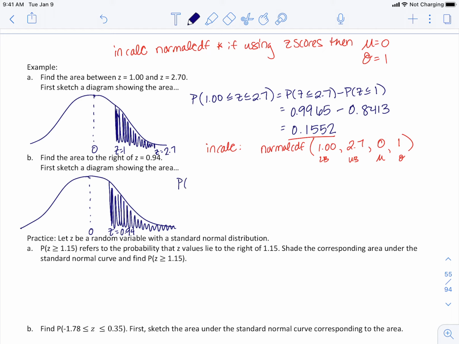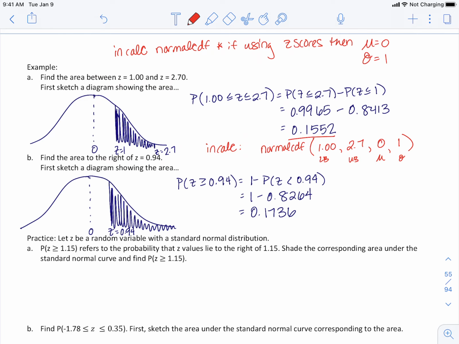So we want the probability that our z is greater than or equal to 0.94. So that will be 1 minus the probability that z is less than 0.94. If using the chart, we can look up 0.94 and we get 0.8264. Subtract that from 1 and we get 0.1736.